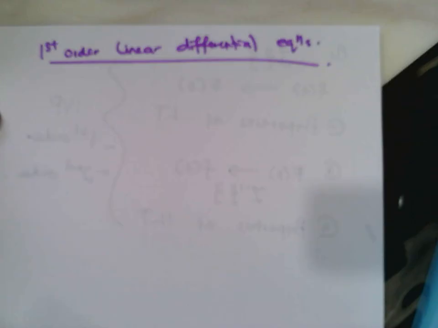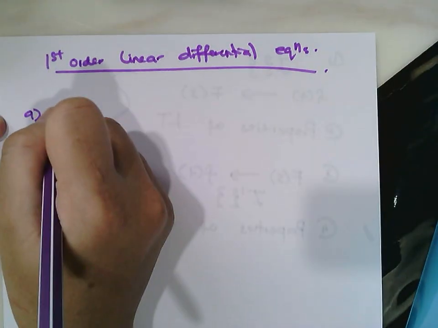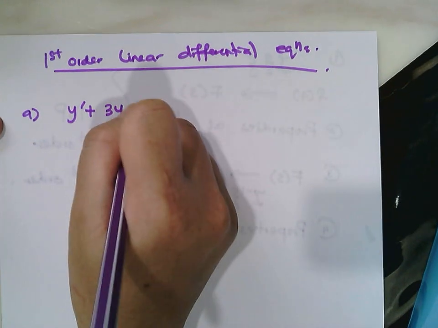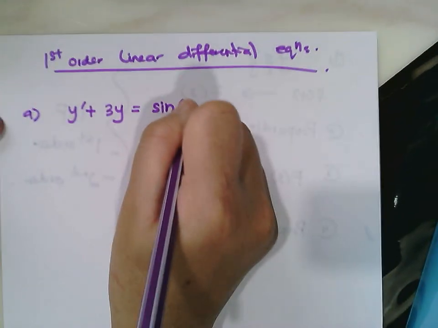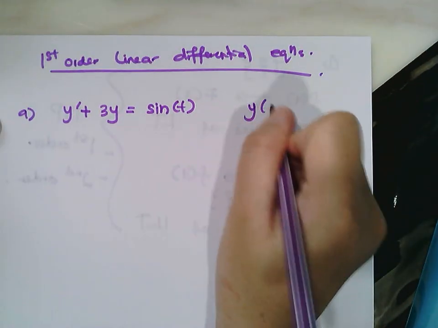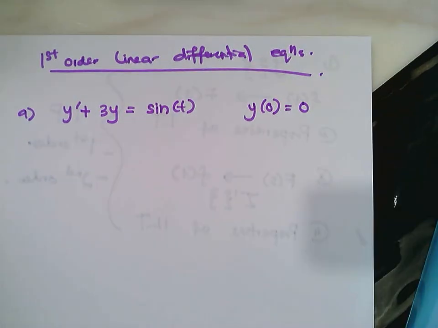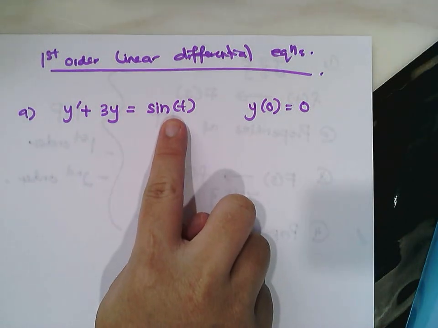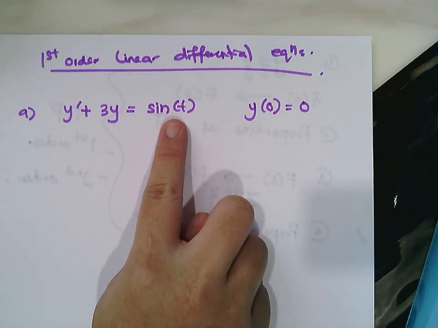Let's say you have this problem: y' + 3y = sin t, and you are given an initial condition y(0) = 0. So what is the difference between this one and the previous chapter is that the function on your right hand side here is in terms of t function. So that's why we need to apply Laplace transform.